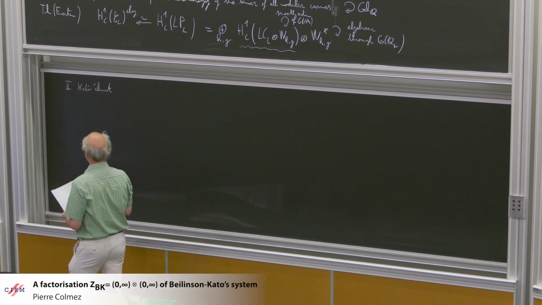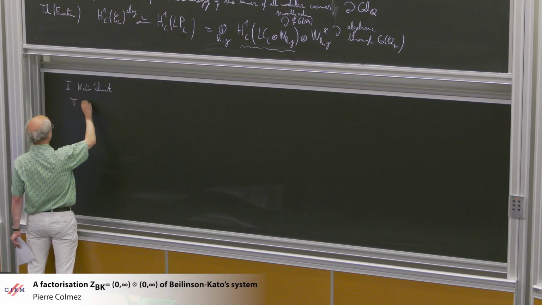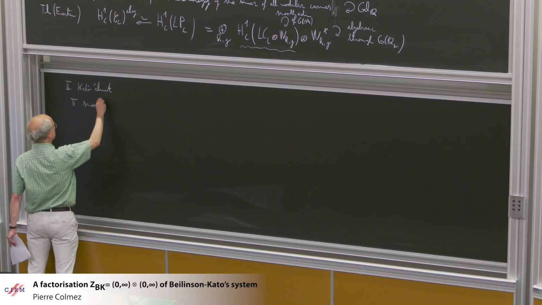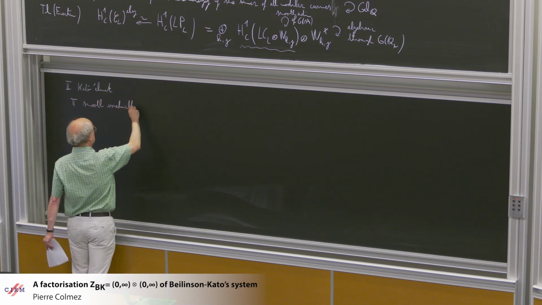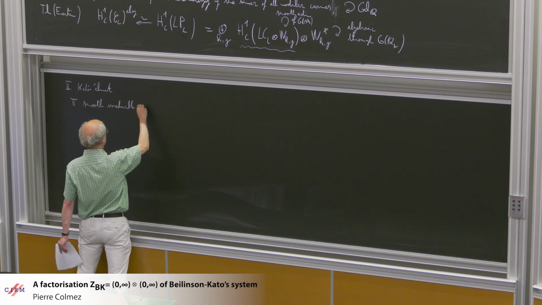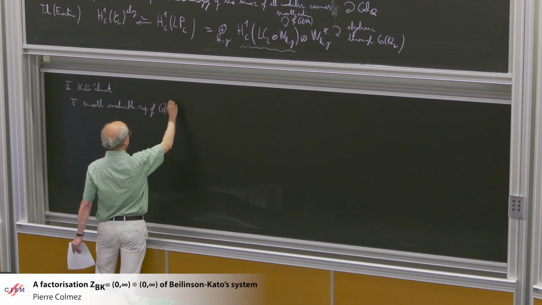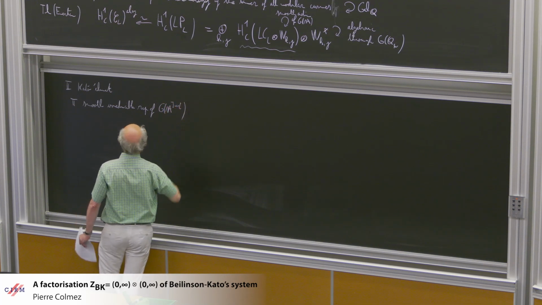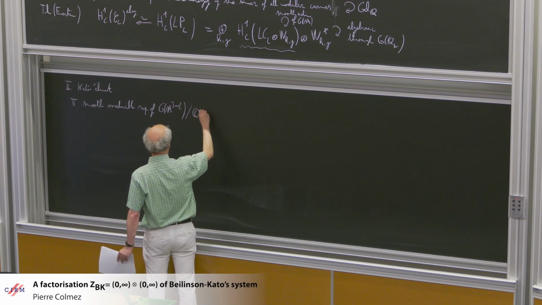So I start from a representation pi, which is a smooth, absolutely irreducible representation of G of the finite adeles. I suppose that it is defined over a number field Q of pi.